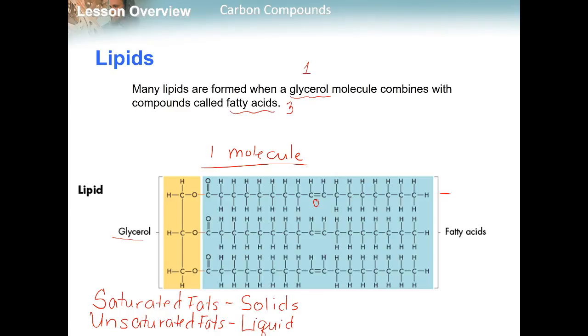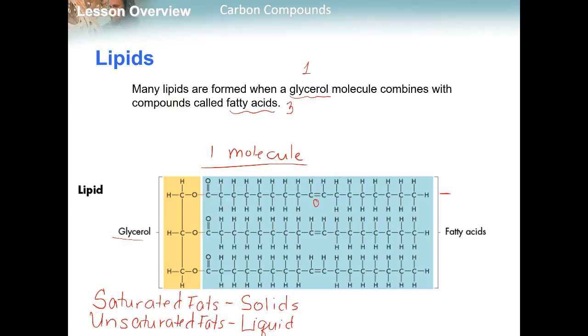because the carbons are not holding all of the hydrogens that they can. So when we have a lipid molecule like this, we could have, let's say, two of these fatty acid chains being saturated and only one of them being unsaturated, or two of them being unsaturated and one being saturated.